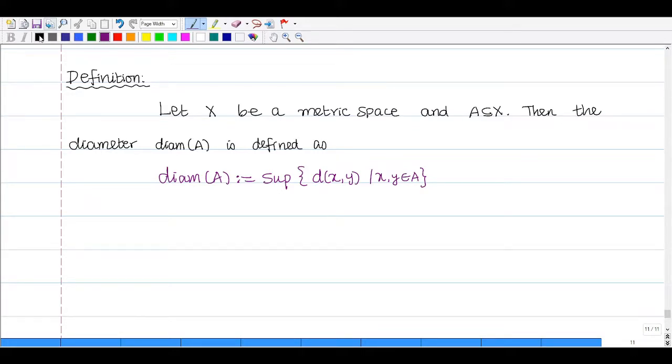And இதுல இருந்து இன்னொரு விஷயம் என்ன சொல்லிக்கலாம் அப்படின்னா, a subset A of X is bounded if diameter of capital A is finite.